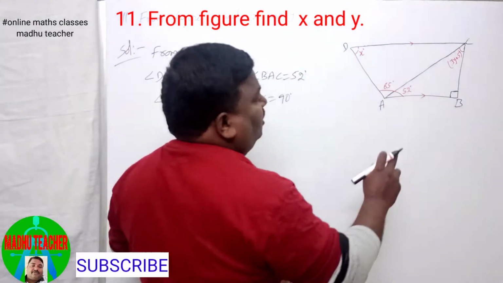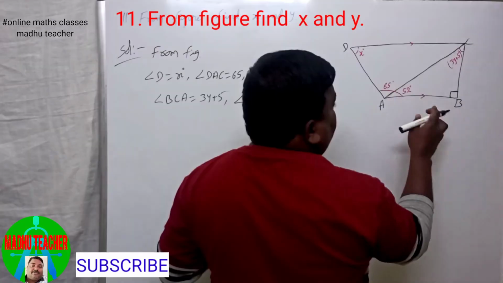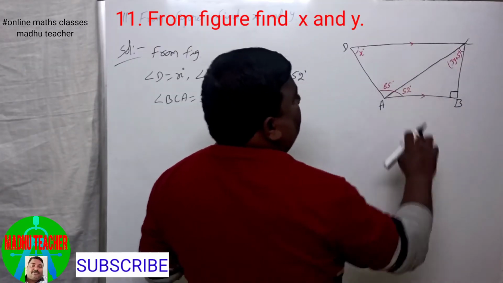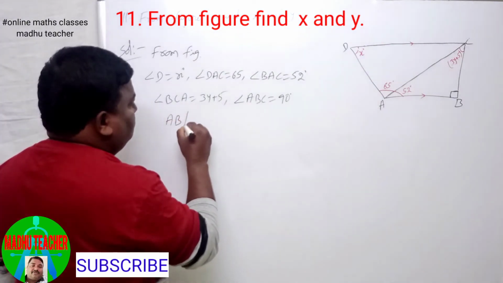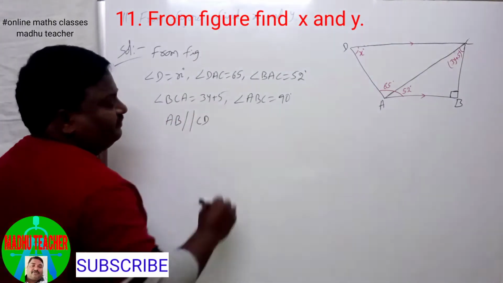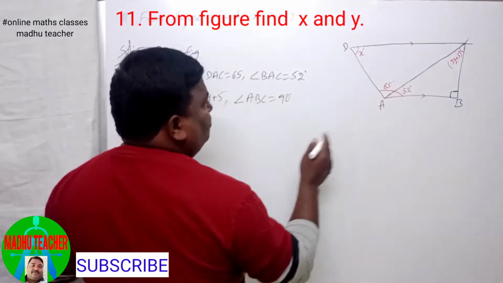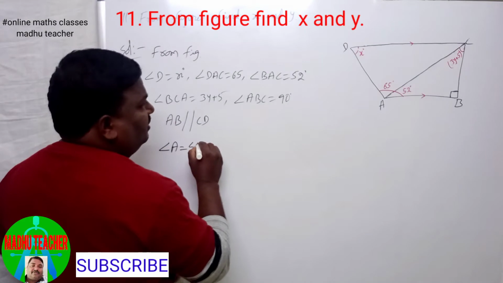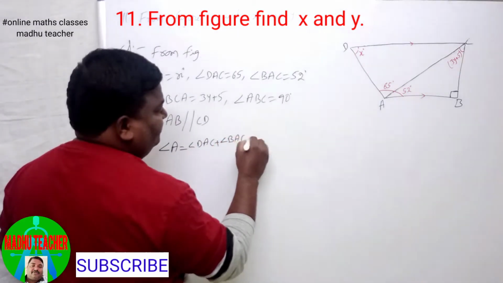So here we have arrowheads on AB and CD. Therefore, AB is parallel to CD. Angle A equal to angle DAC plus angle BAC.